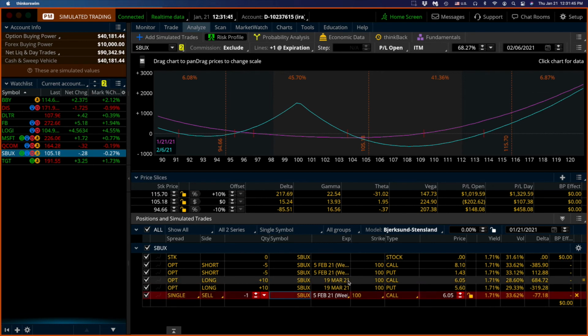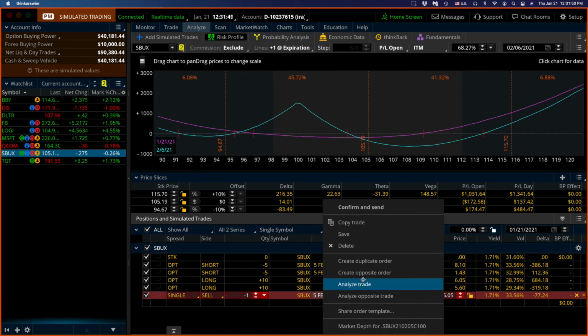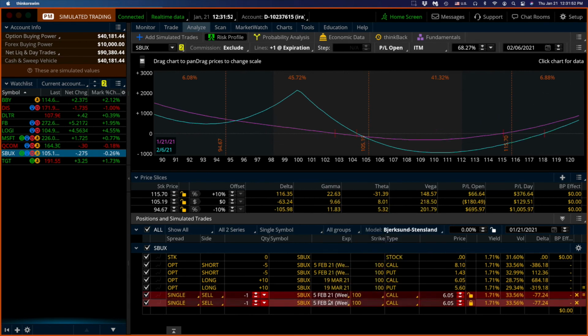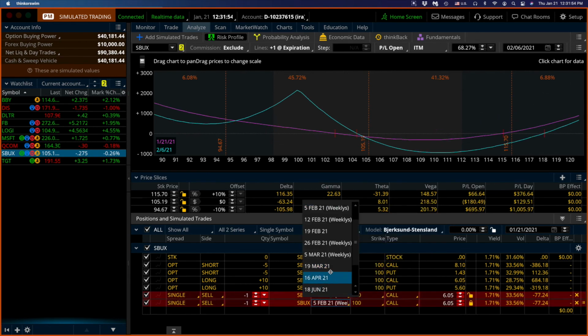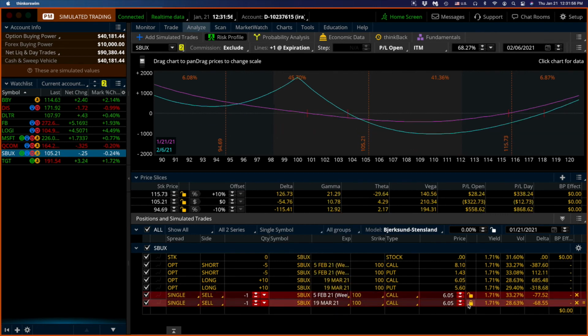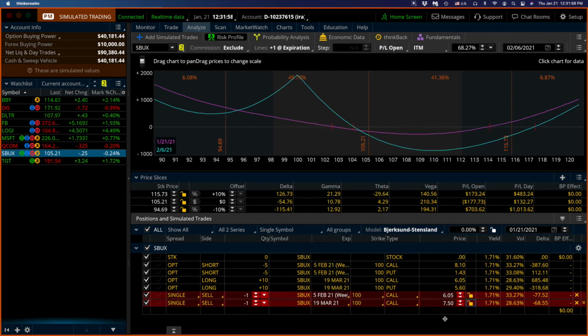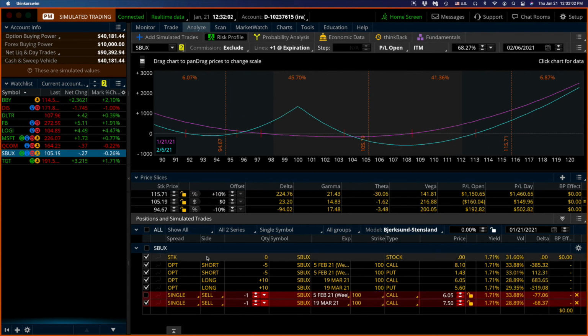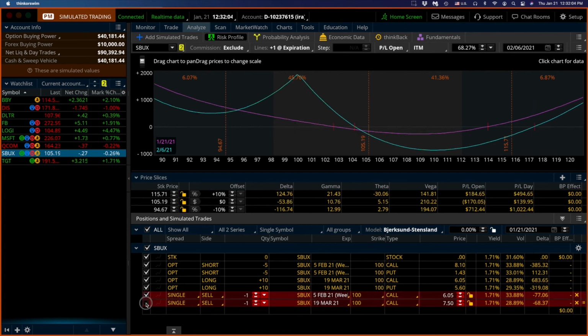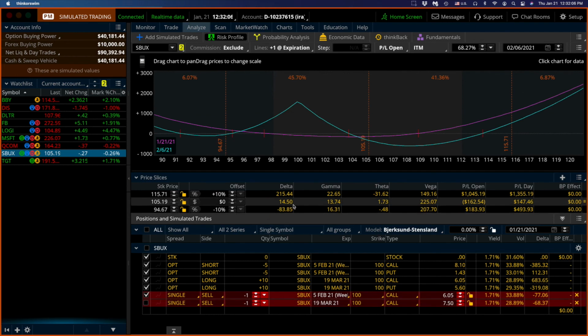You can always sell the March, which is probably going to get more premium. Let's duplicate that and change the date to March. We're going to get $7.50 for that, and my delta is 23 by doing that. By selling the front month, my delta is 14.